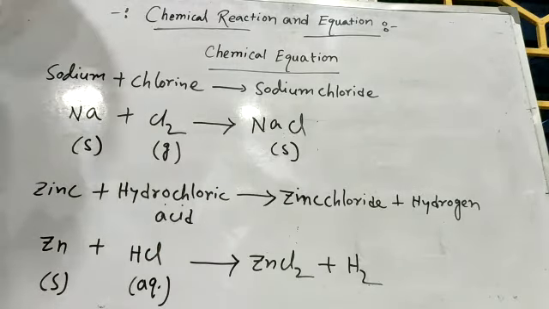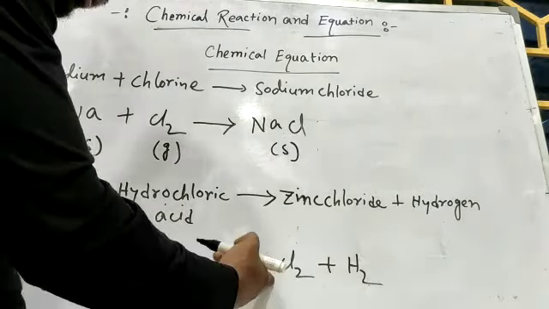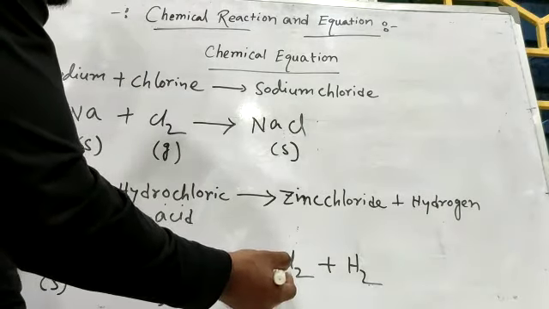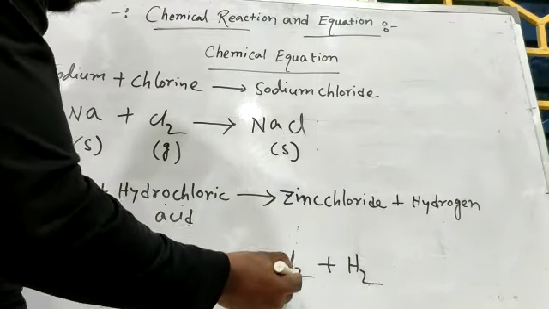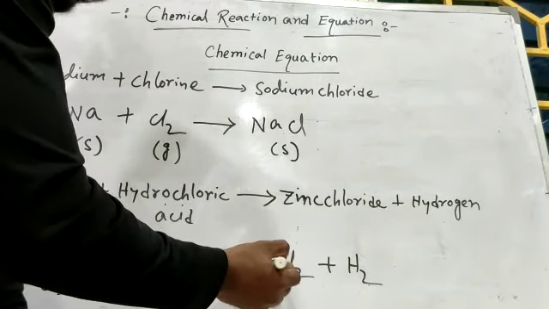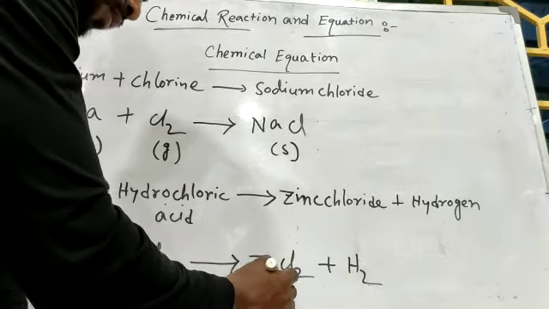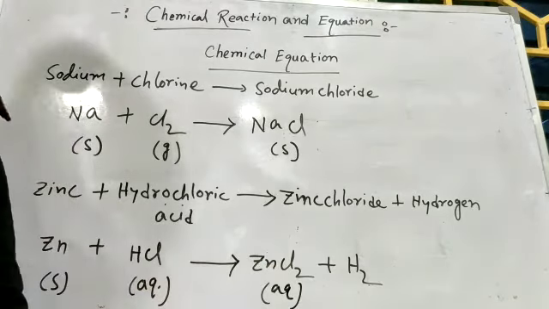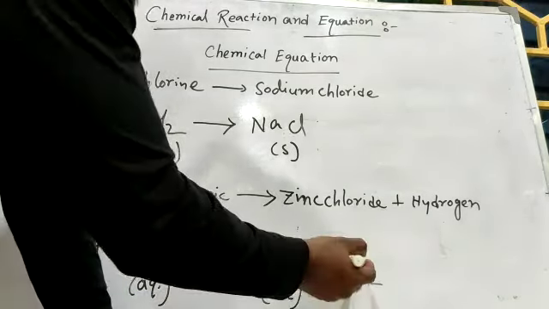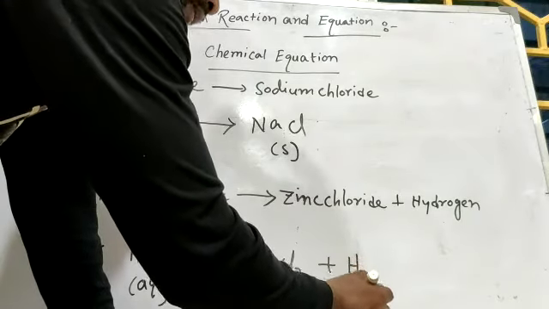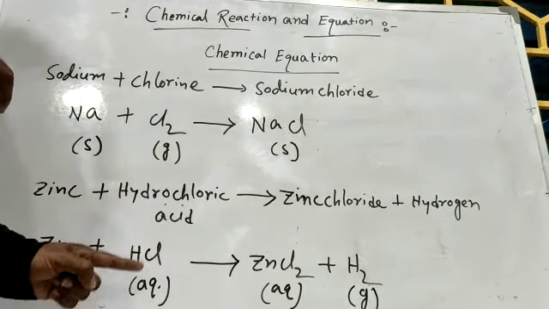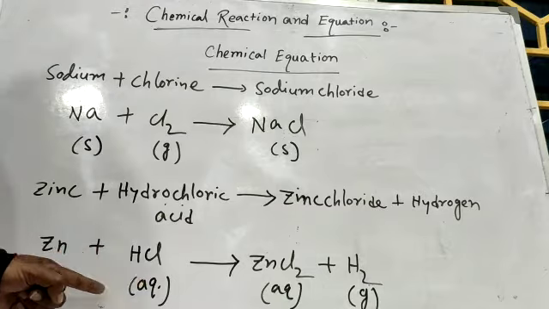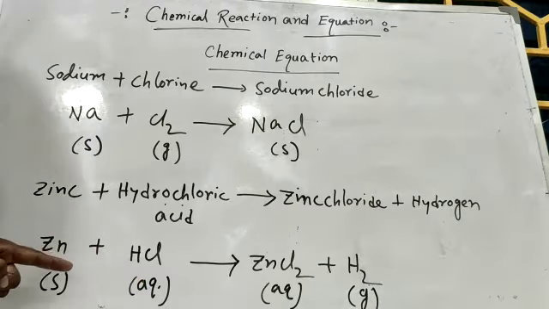Zinc chloride is a water soluble salt, so we get an aqueous solution of zinc chloride, so it is aqueous. Hydrogen is a gas, so its state is G. This unbalanced chemical equation is called a skeletal chemical equation.